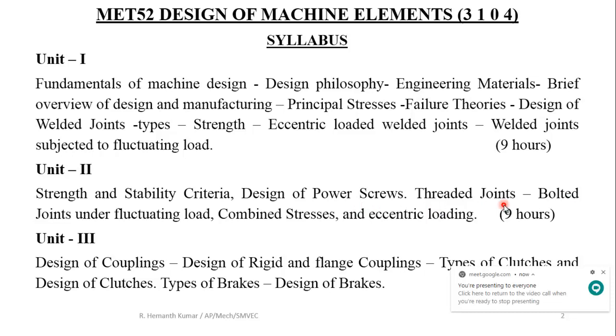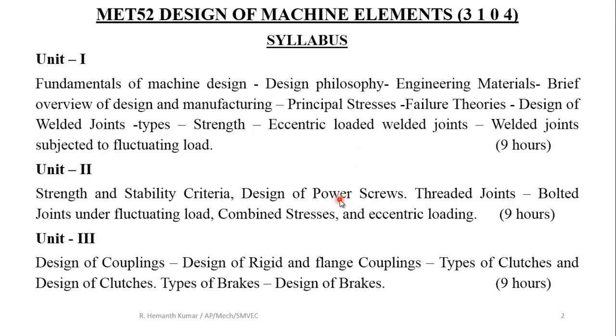In threaded joints also, we will be designing what size of bolt we are going to use for a particular component or application. Then in the case of power screws, what will be the dimension that you will be calculating?